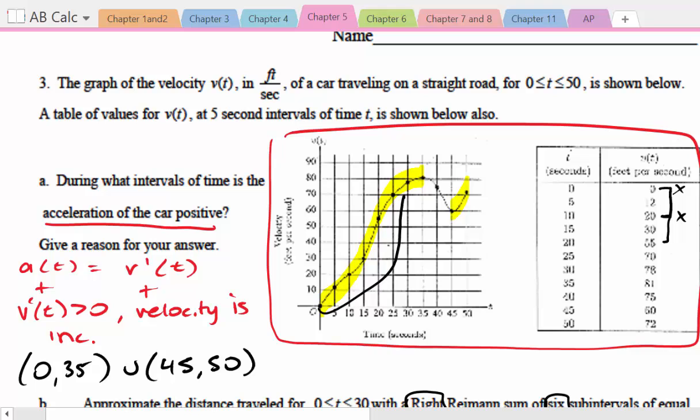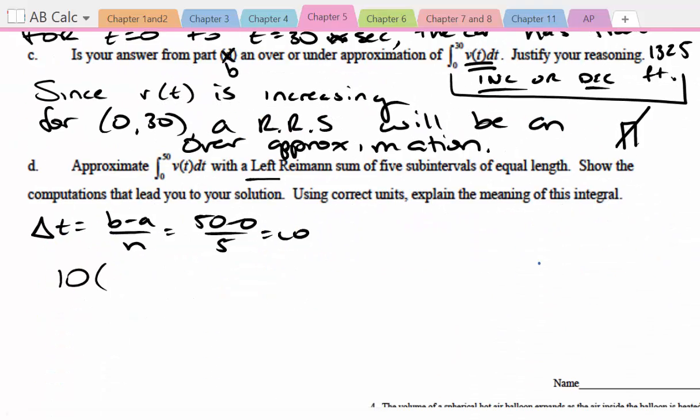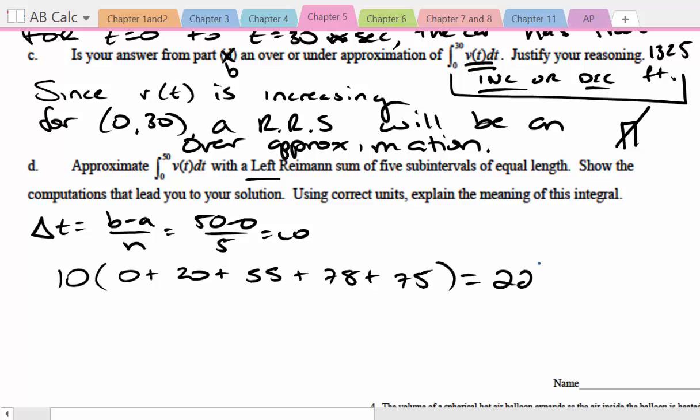And then the next one would be using 20, 55, 78, 75, and then the 72 would have to be on the right side. So if I write this all out, it would be 10 times 0 plus 20 plus 55 plus 78 plus 75, which comes out to be 2,280 feet.